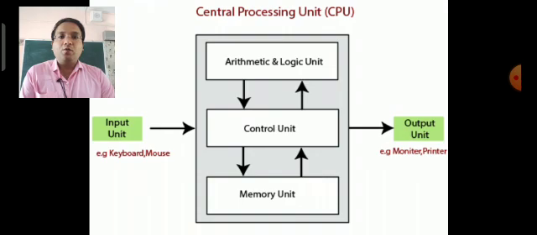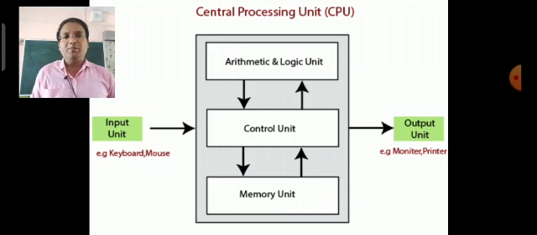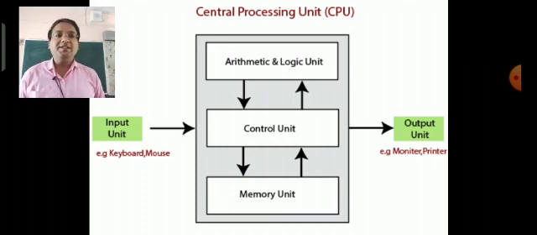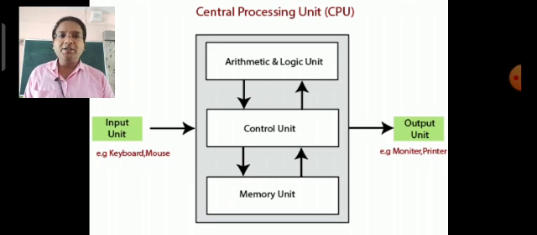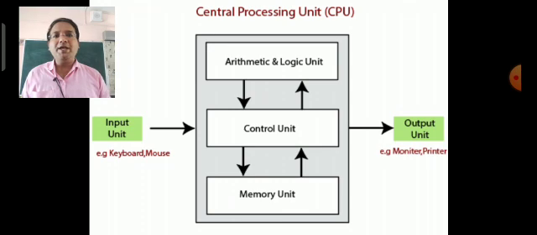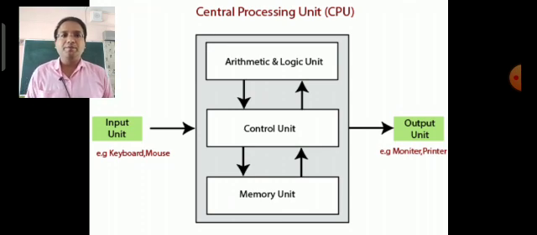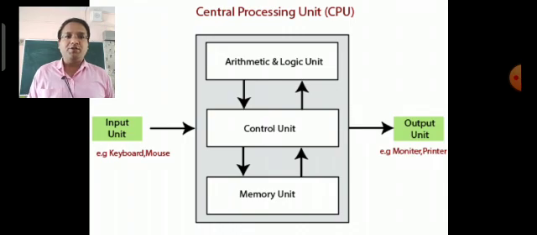Firstly, the computer takes input from input devices like keyboard or mouse. CPU processes it. Who will process it? CPU. CPU processes it by arithmetic and logic unit, control unit and memory unit. These are the main three components of CPU by which CPU processes the input.